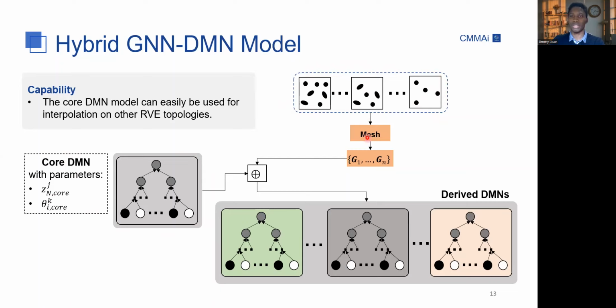We can mesh them and transform them into graphs, and then hopefully by combining the encodings of those new RVEs with the DMN that we have trained, we'll be able to derive new DMNs, which can then be used for the prediction of the properties of those new RVEs.